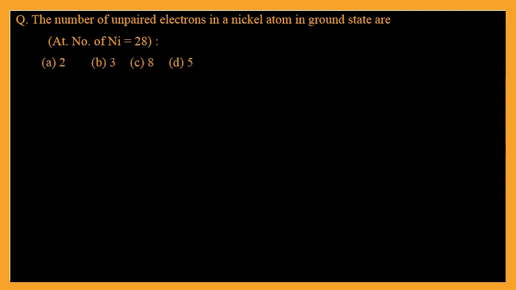So there are 8 electrons in d orbitals, which means the unpaired electrons will be 2. We know that in the d subshell there are 5 orbitals, so when we fill the d subshell according to Hund's rule, we will get 2 unpaired electrons in the ground state of nickel.